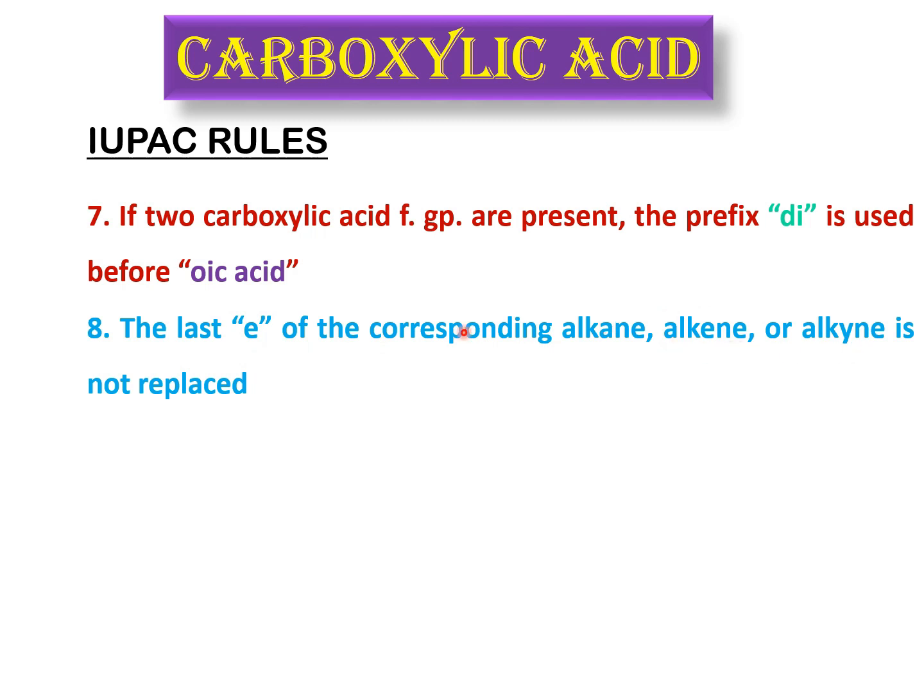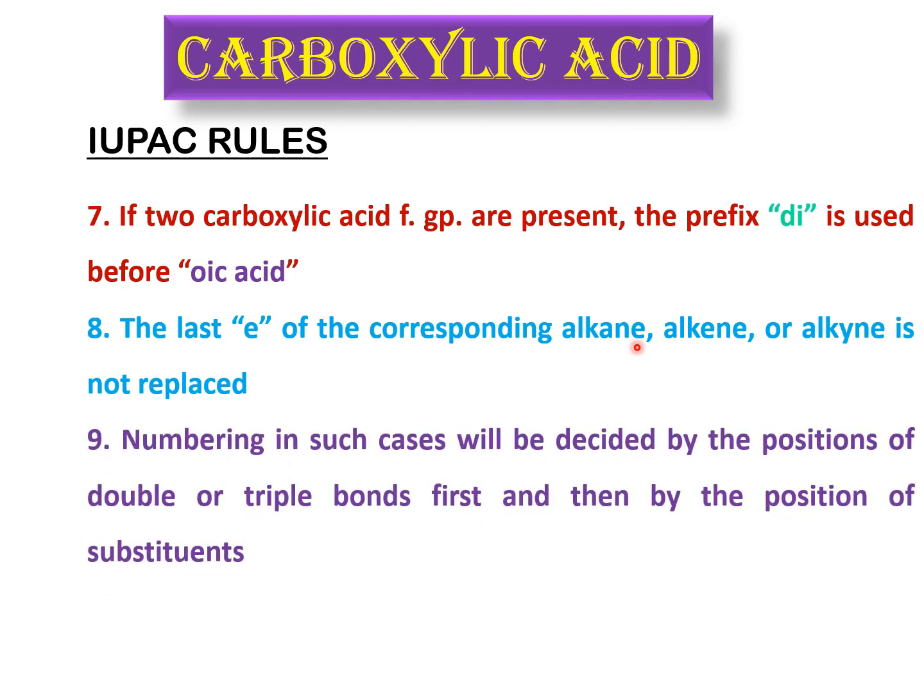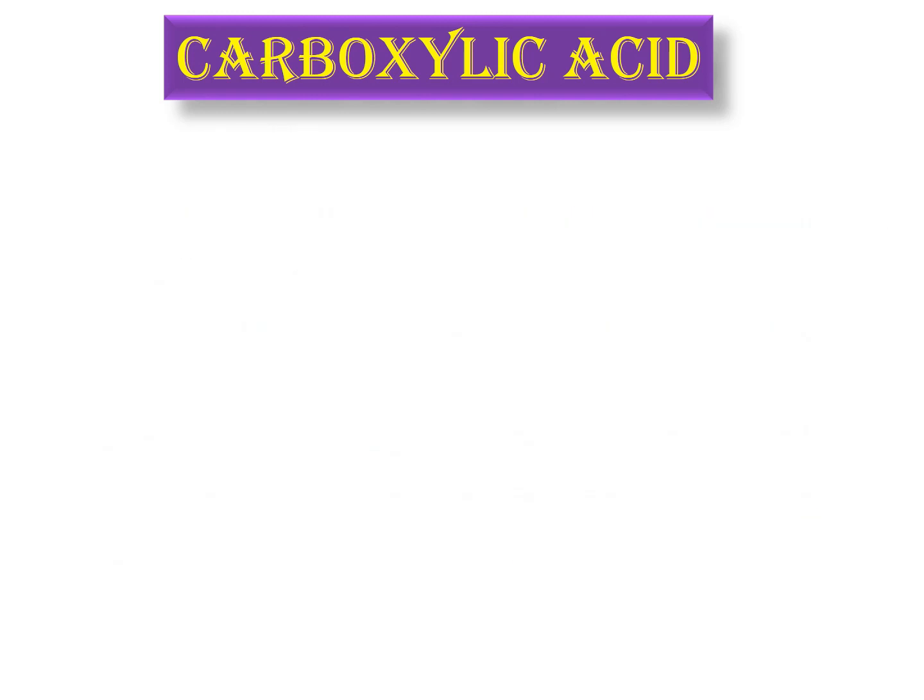So you write the name of the corresponding alkane or alkene in full with E, and then follow it by dioic acid. In such cases, numbering will be decided by the positions of the double or triple bonds first, and if they cannot decide the direction of the numbering or they are not present in the chain, then by the position of the substituents. So let's see some examples.